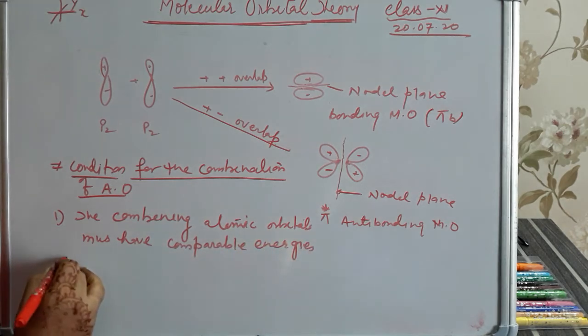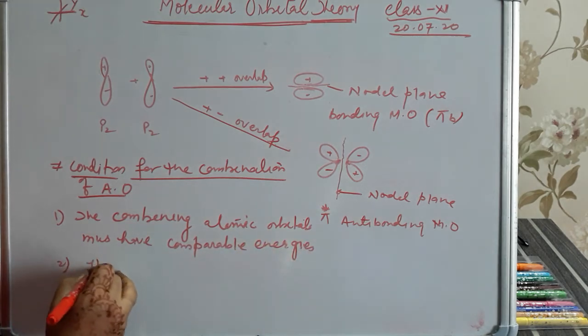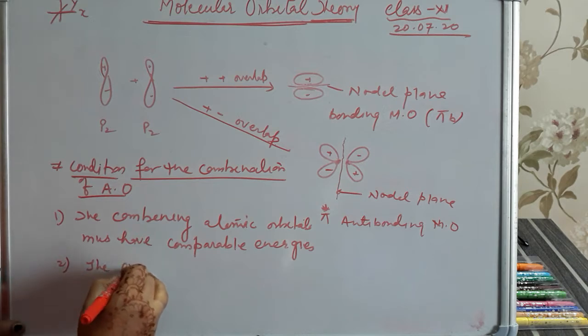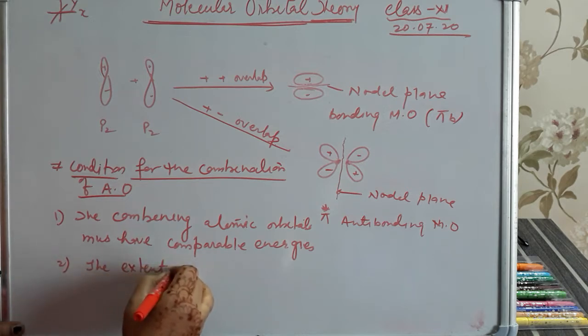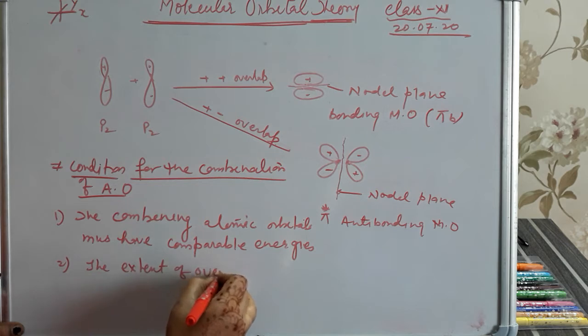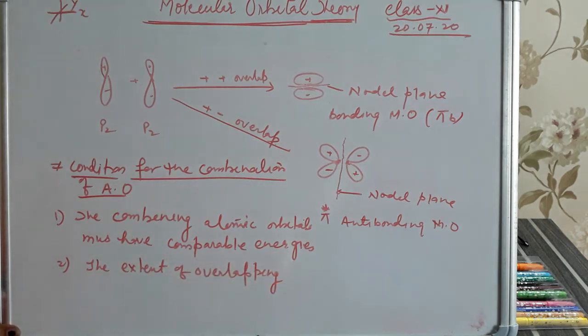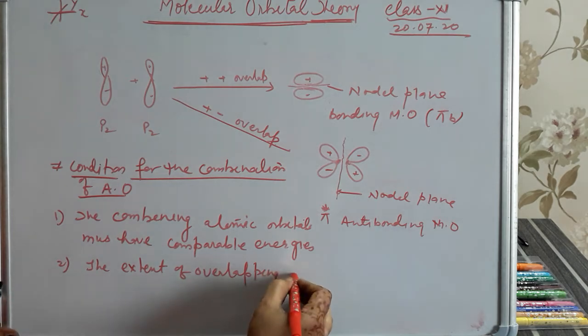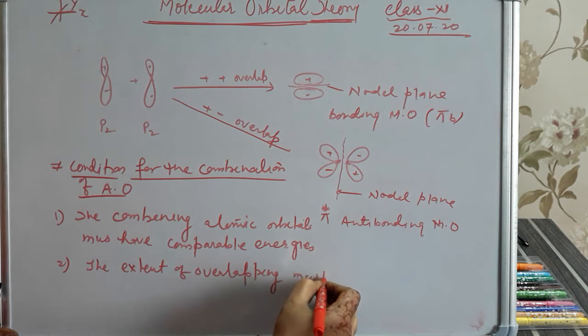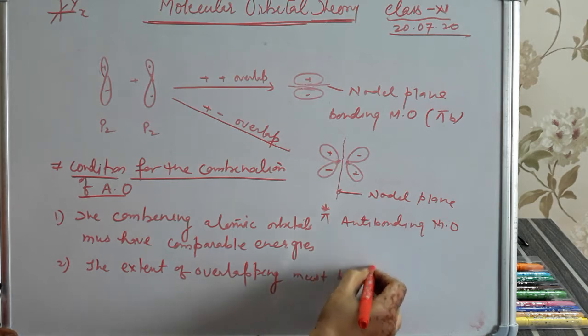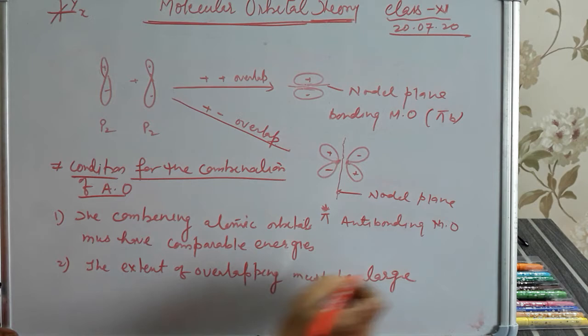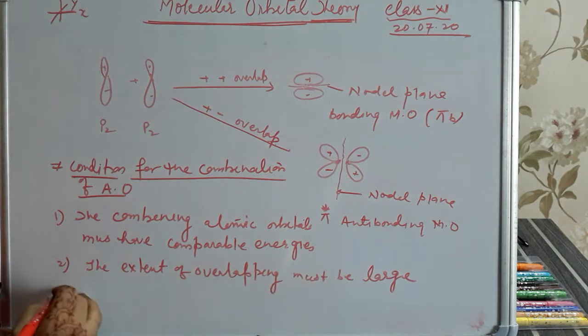And next one is the extent of overlapping must be large, so the strong bond will be formed.